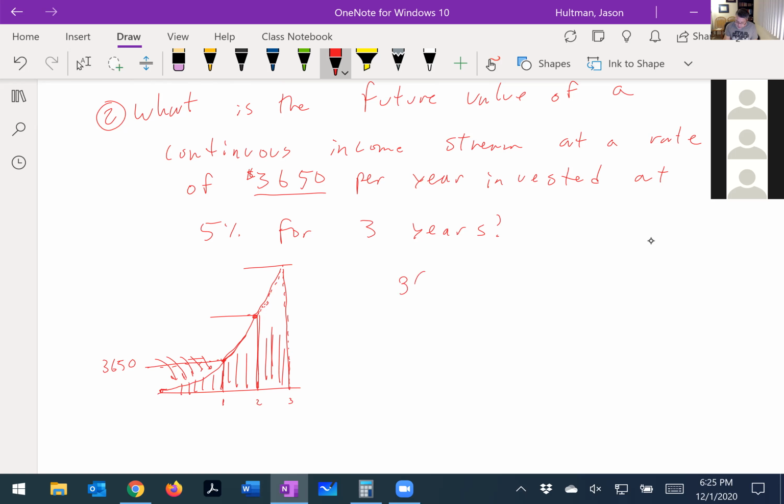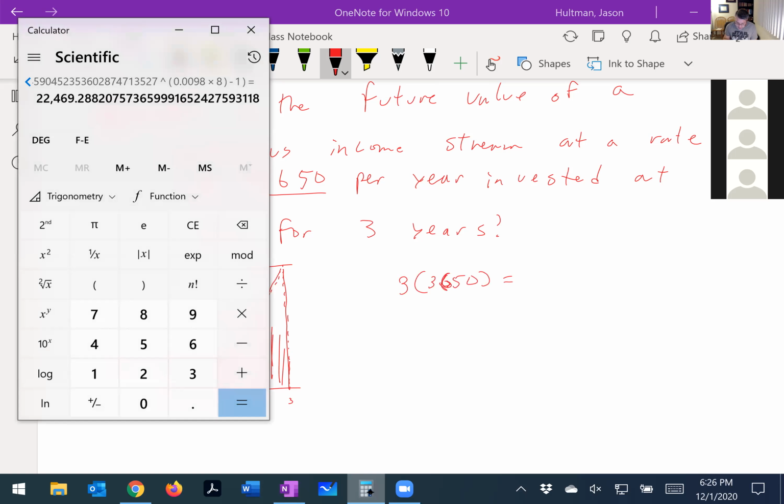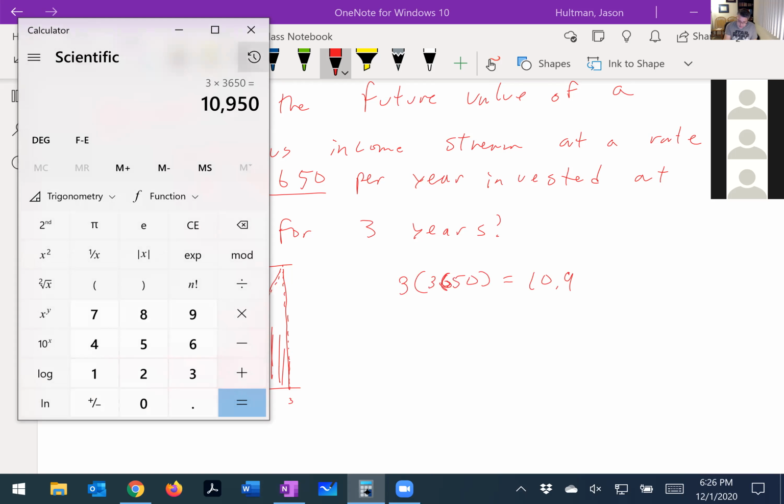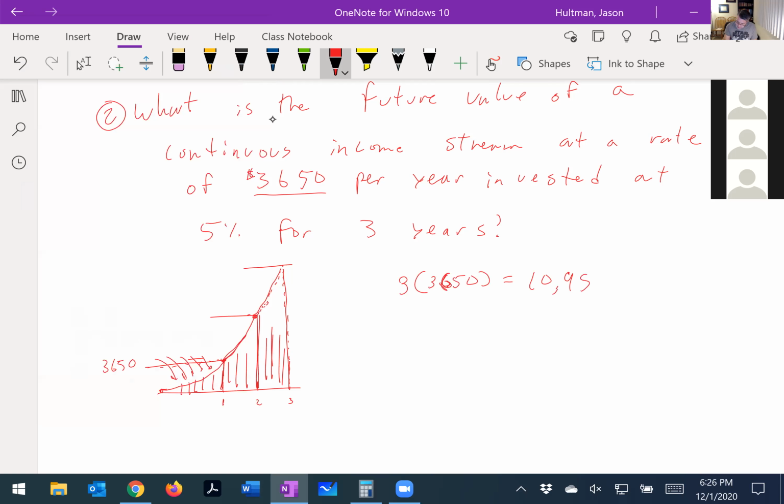If I did 3 times 3,650, I wouldn't be making as much money. That would be with 0 interest, right? So with 0 interest, at the end of the first year I'd have 3,650 in the bank. So that's $10,950, if I earn 0% interest.